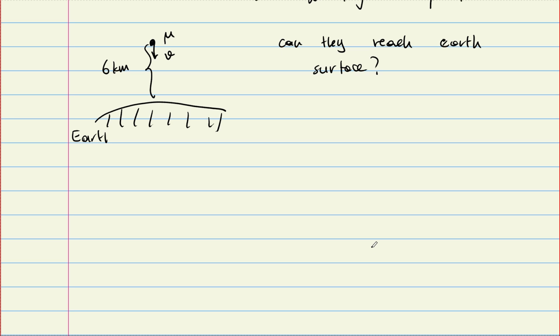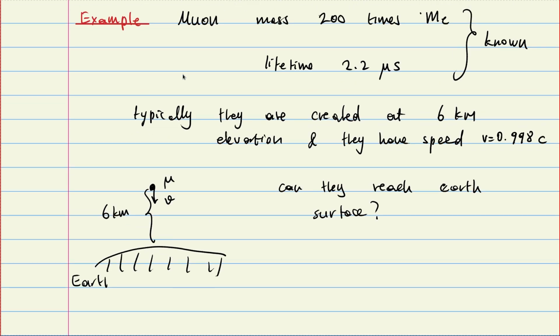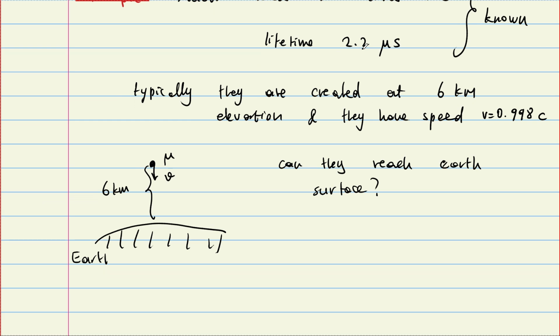Okay, let's calculate. How do I see if something is reaching the Earth's surface? It's moving with velocity v, and it survives a time of about 2.2 microseconds, right? And the maximum distance it can take, let me call it delta x max, is going to be v times t lifetime, right?